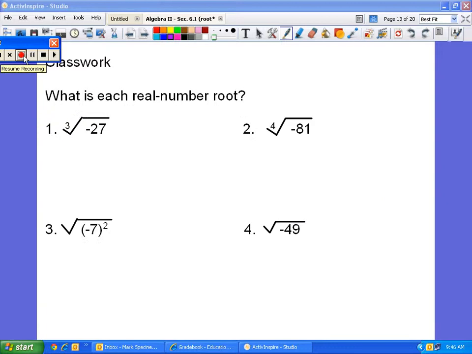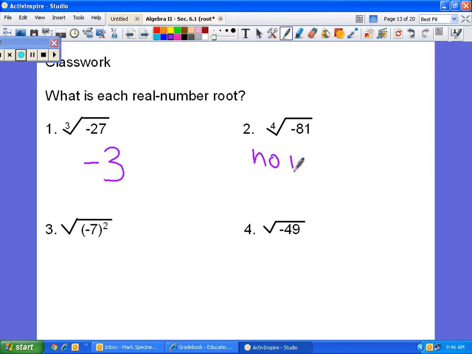Okay, the cube root of negative 27 is negative 3. The fourth root of negative 81 is not no roots, but no real roots.